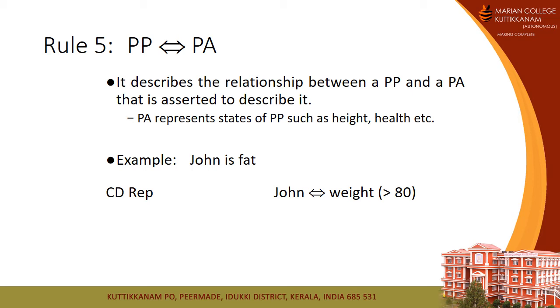It describes the picture producer, that is John, and PA is a picture aider that describes the picture producer. So John is fat, that is represented by weight. So John implies weight greater than 50. That's the higher weight. John is fat. That's the concept we are representing.